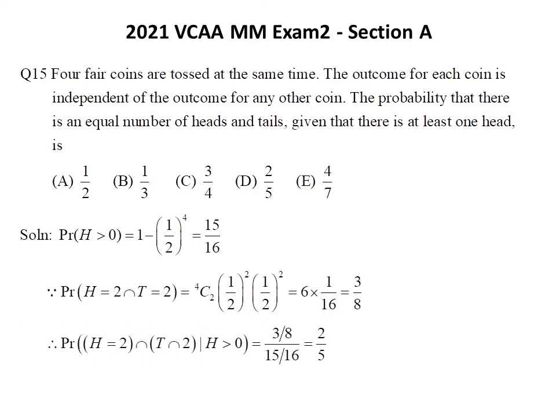The probability of having 2 heads and 2 tails, given that at least one head is shown, equals 3/8 divided by 15/16, which equals 2/5. So the answer for question 15 is D.